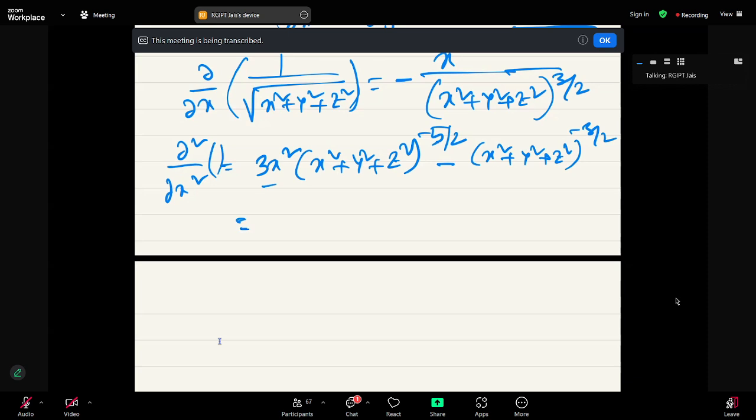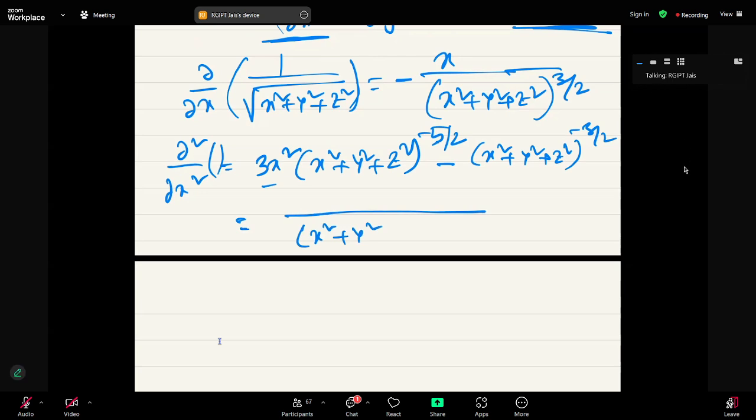So what will we get here? If we keep x square plus y square plus z square to the power 5 by 2 in the denominator, we get 3x square minus x square, so 2x square minus y square minus z square.